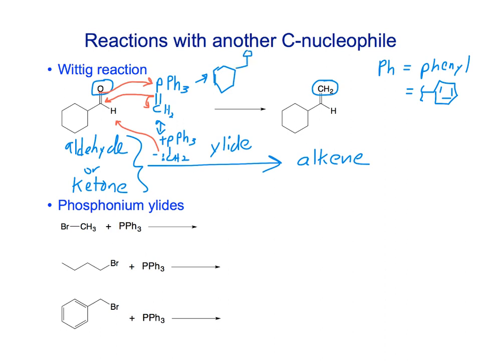Here's the oxygen, now attached directly to the phosphorus. And this goes to the CH2 group. And this has an H down here because we had an aldehyde. Okay, so we form this 4-membered ring.